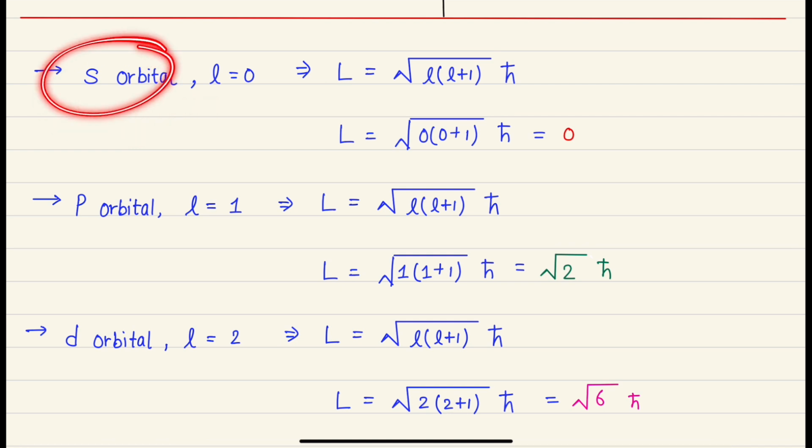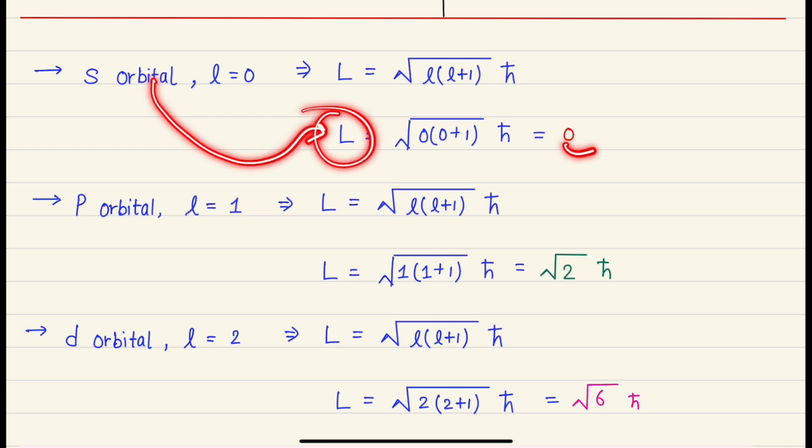So for the s orbital we have L value equal to 0. If you put the value 0 here, you will get L equal to 0. The magnitude of orbital angular momentum in the s orbital is 0, always fixed. If any electron is present in the s orbital, its angular momentum magnitude will be 0.